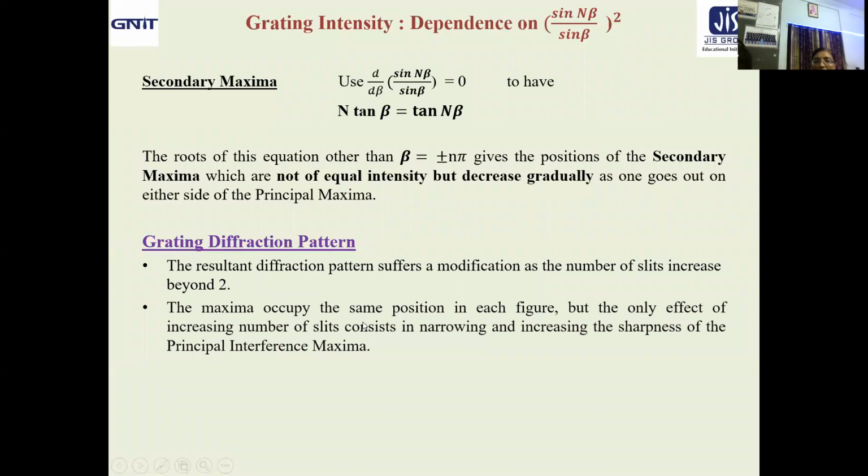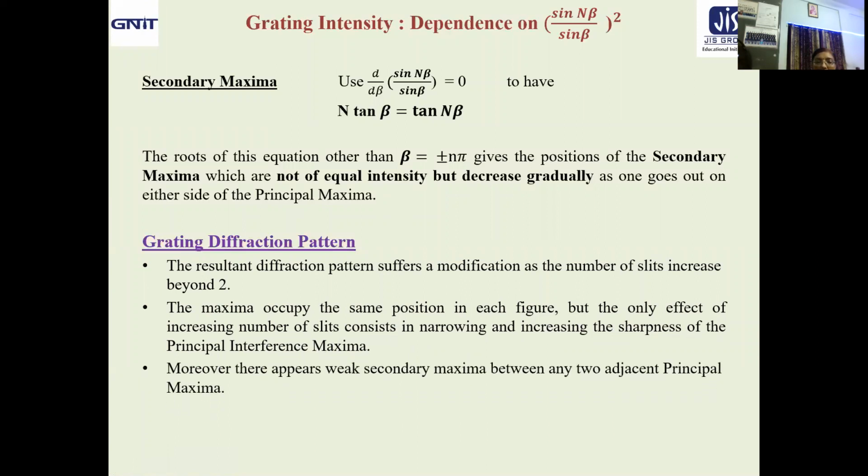The maxima occupy the same position in each figure, but the only effect of increasing the number of slits consists in narrowing and increasing the sharpness of principal interference maxima, because you have to accommodate more and more interference maxima within the central single slit diffraction maxima.